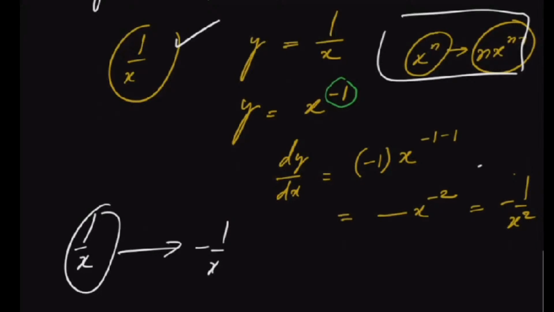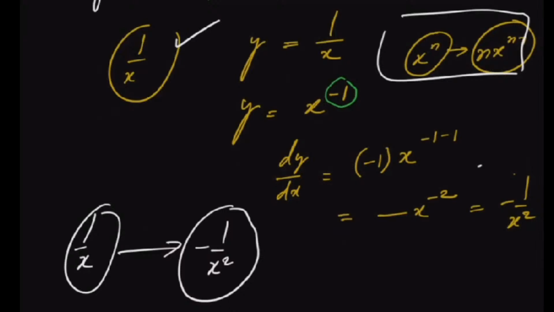So our problem was y equals to tan x. What was the derivative? If y equals to tan x, what was dy by dx? That was our question. Okay, let us do it again. Now that we know that the derivative of 1 by x is minus 1 by x squared, we can use this formula.